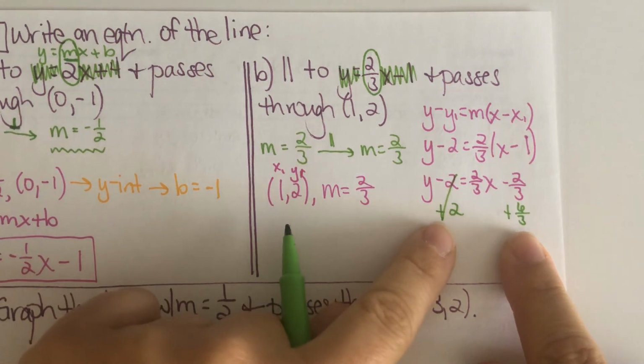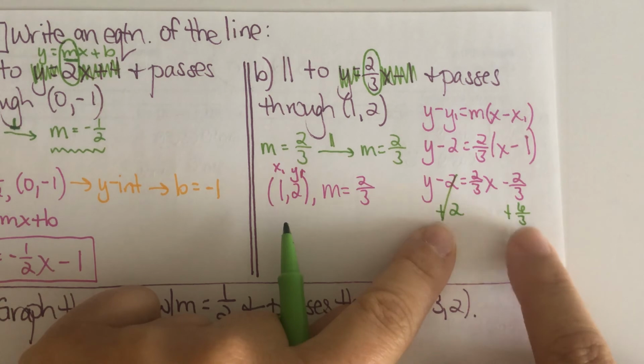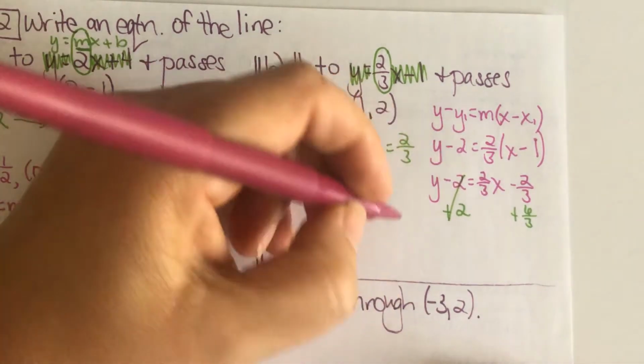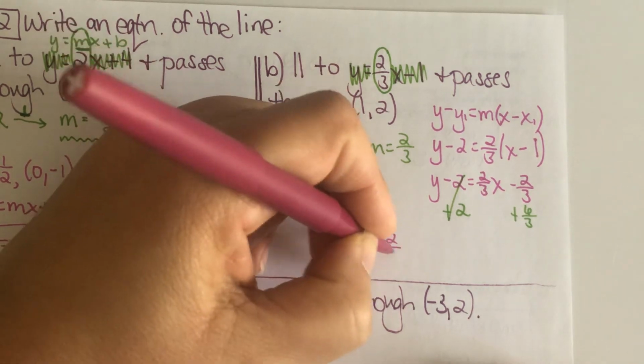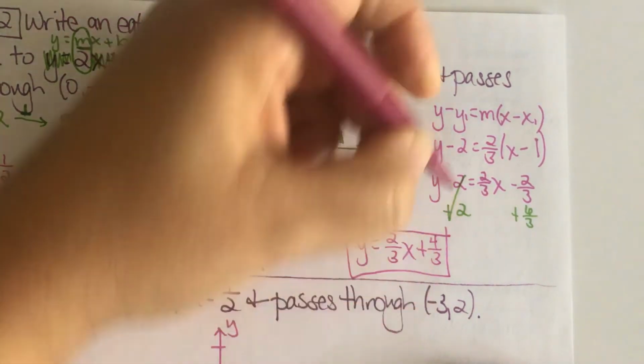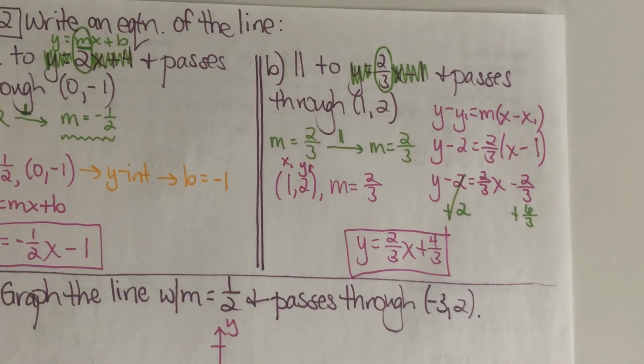So this green is exactly the same, adding 2 to both sides, but this is just so that I have a common denominator. And you can do that in 2 steps if you need to. So I get what? Y equals 2/3 x plus 4/3. Combining these, I have -2 and +6 makes +4/3.